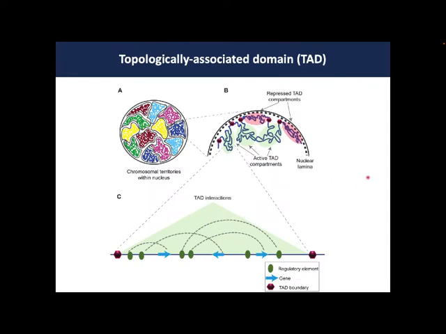Also, I would like to introduce the concept of the topologically associated domain, TAD. A topologically associated domain is a region that interacts very frequently and tightly, and generally TAD regions are generated by architectural proteins.